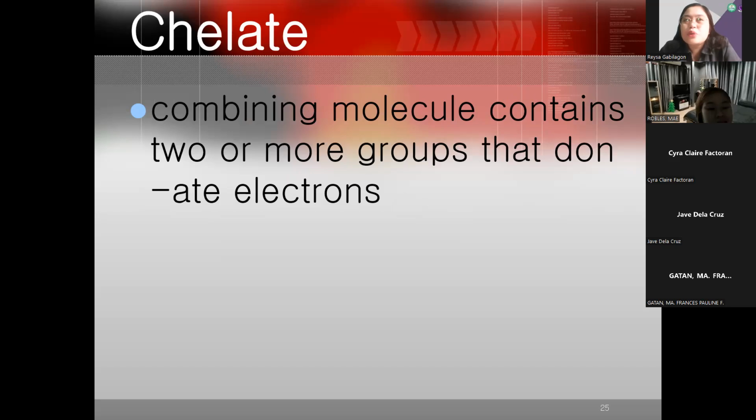So if we're going to look at the structure or the formula of our EDTA, it actually has a group there, a functional group that has the ability to donate electrons, especially to our metals, again, to form complexes.